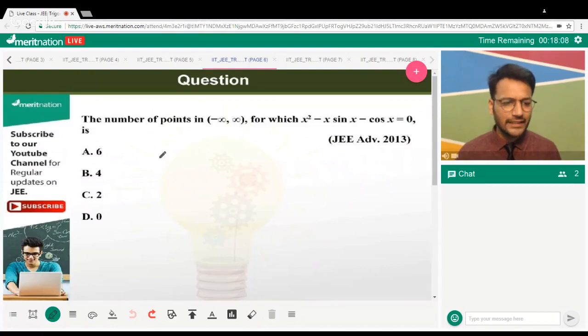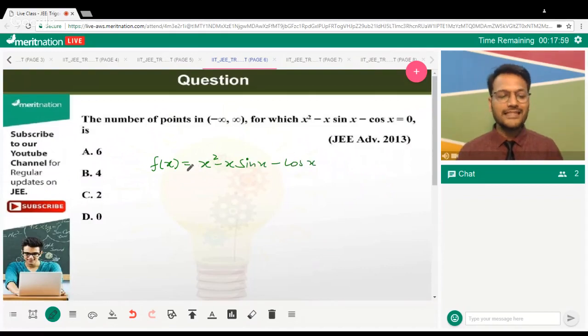So let's say, okay, if I assume this to be f(x) minus sin x minus cos x. Now let me see the tendency of this function. The first thing you can see very clearly is that if I take x to infinity, the limit as x tends to infinity, then f(x) is a very high value that tends to infinity.